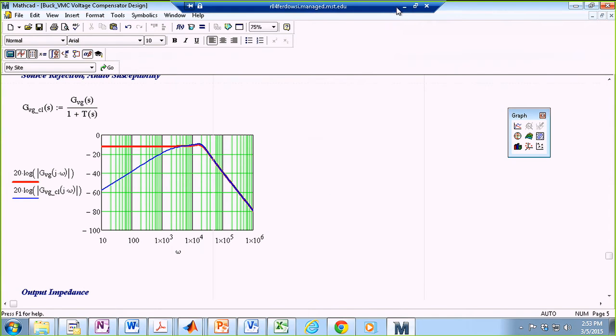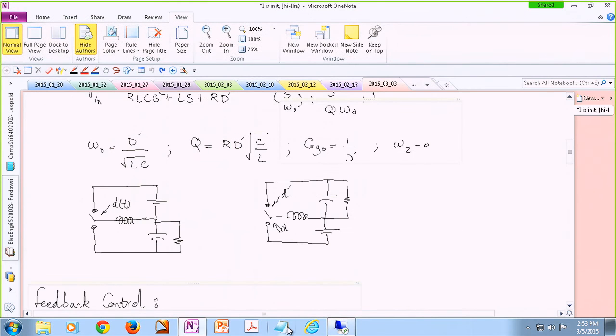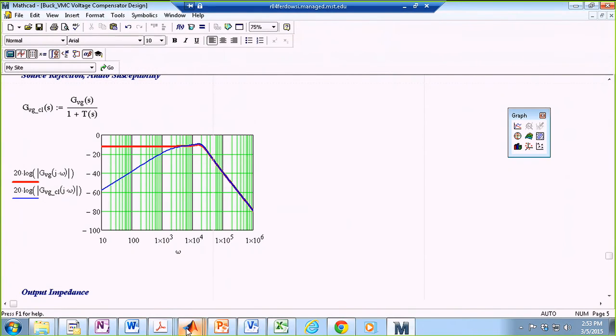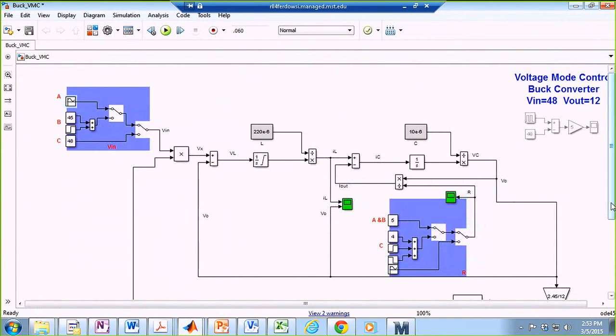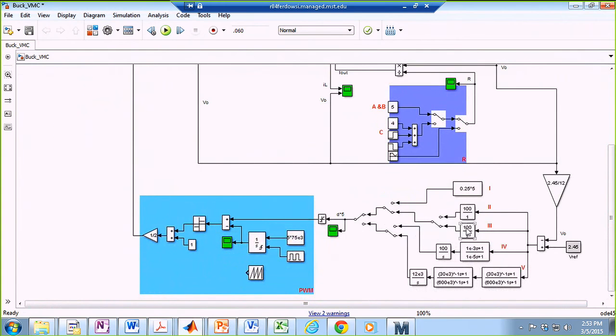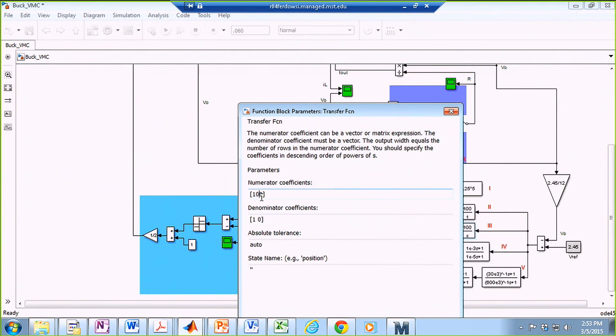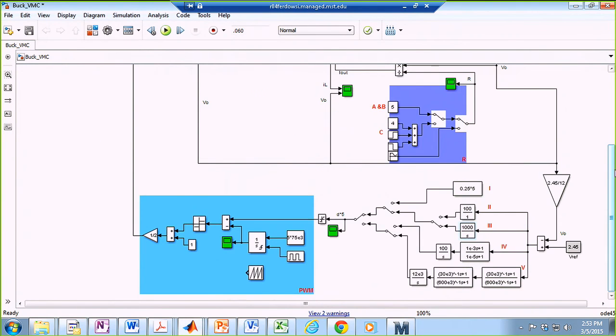That means now if I run the system with an extra gain of 10, assuming that it doesn't give me an error, okay. So let's look at before and after.